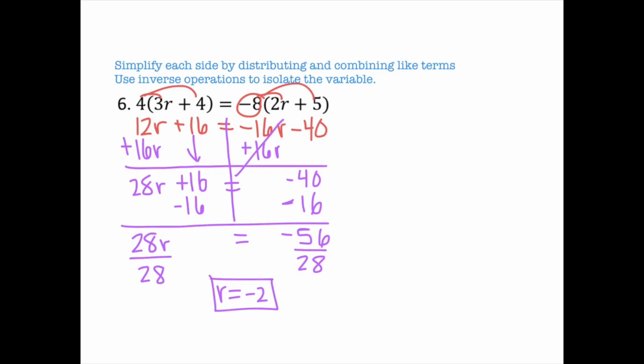So in this problem, I had to distribute twice, once on the left and once on the right, but there were no other like terms to combine.